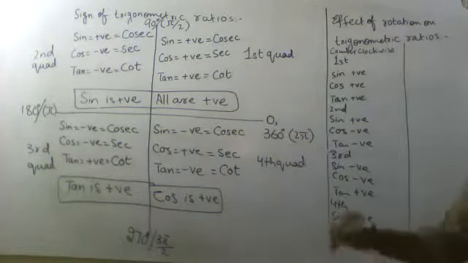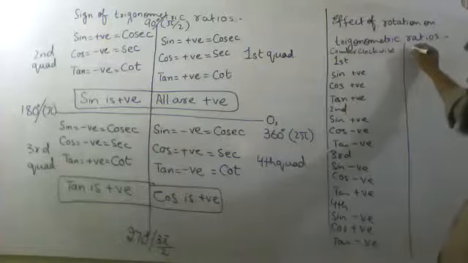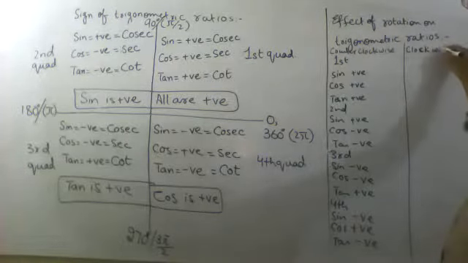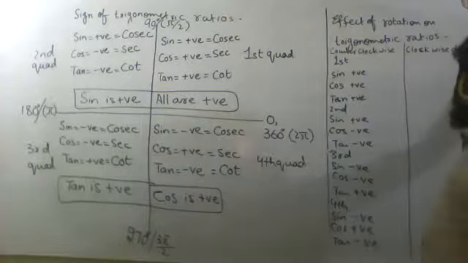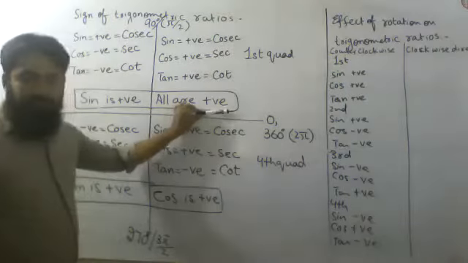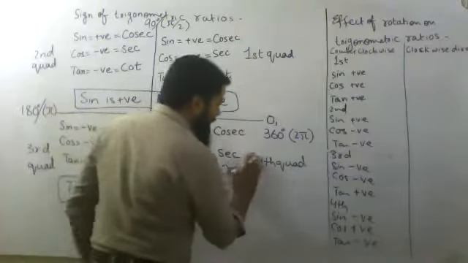Okay. Now I am bringing a little bit of change. I am not going counterclockwise direction. I am going clockwise direction. What happens in clockwise direction? You will start from 0, but now this will not be your fourth quadrant.